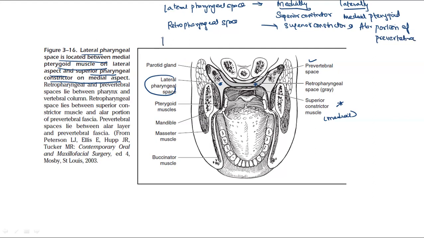Then we have the prevertebral space, which is situated between the alar area's anterior portion. So now we are talking about the prevertebral space. The prevertebral space is located between the alar area and the prevertebral fascia. So these are the 3 spaces.